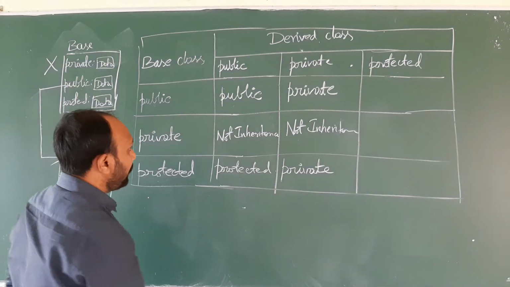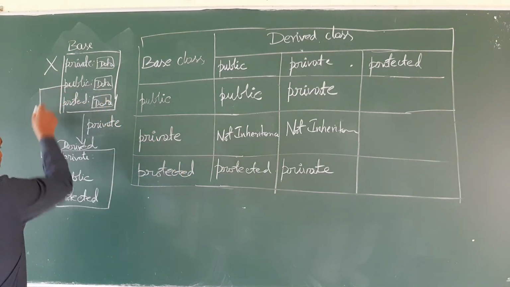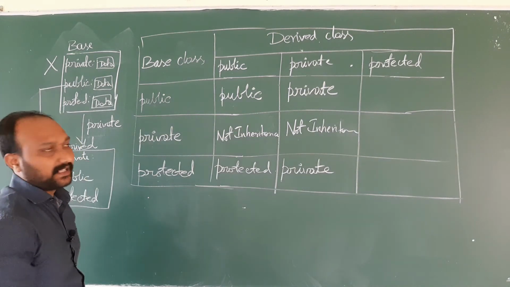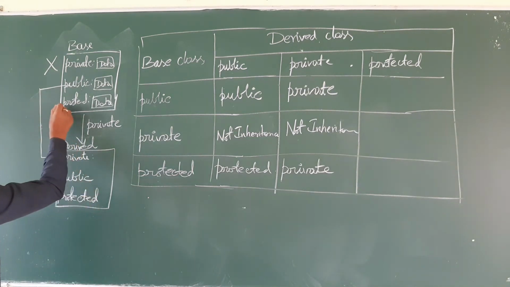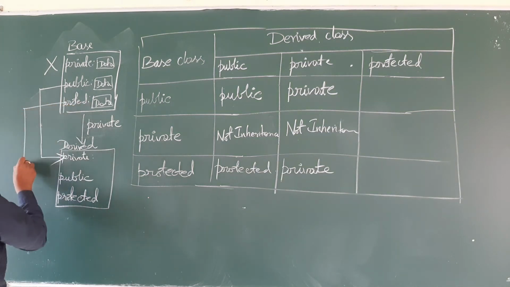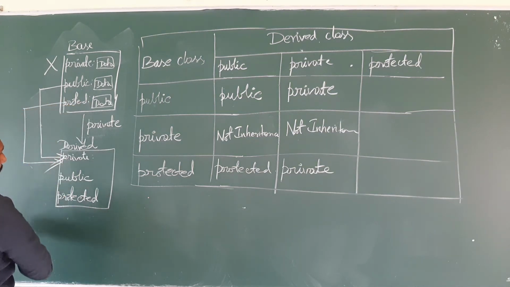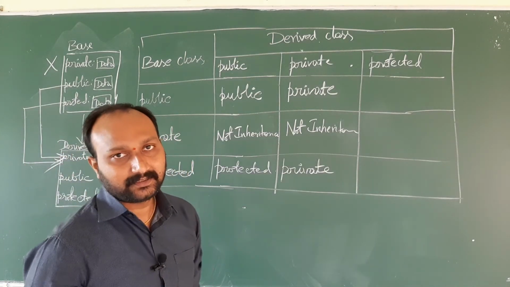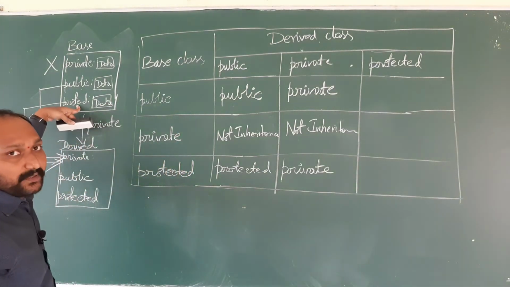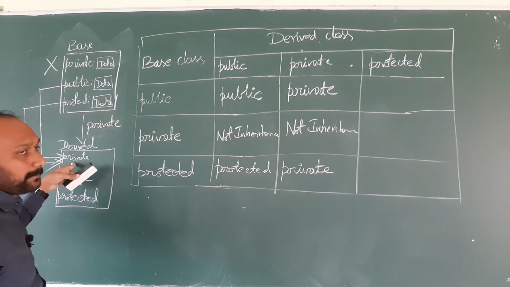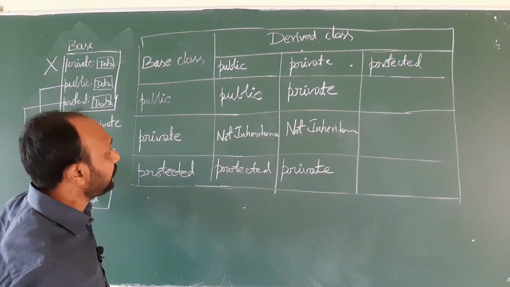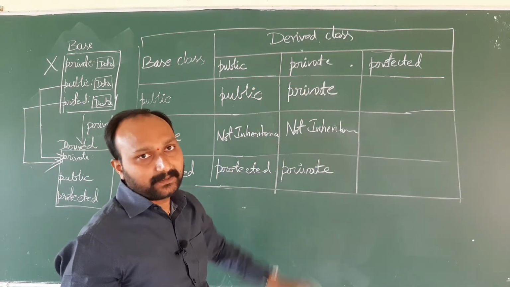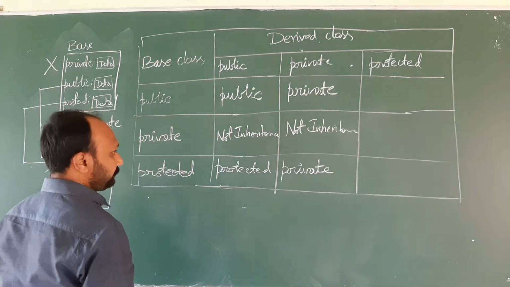These public members of the base class will settle down in private members of the derived class. And what about the protected members of the base class? Even protected members of the base class will become private members of the derived class, in inheritance done with the visibility mode private.